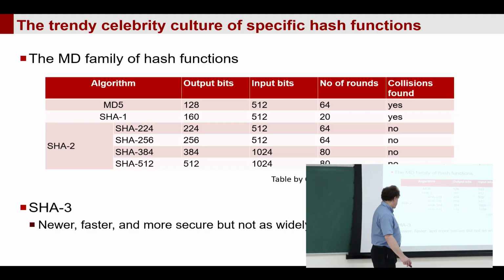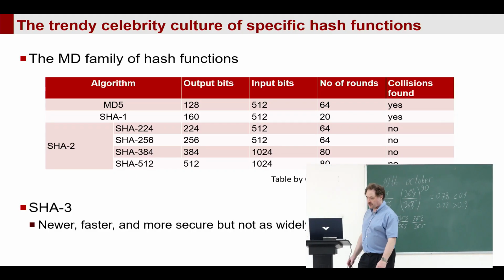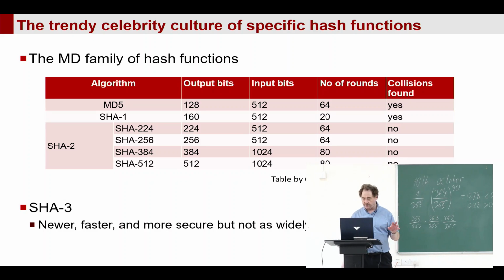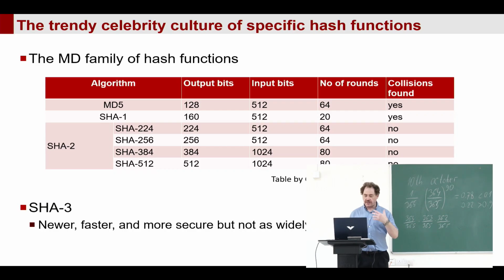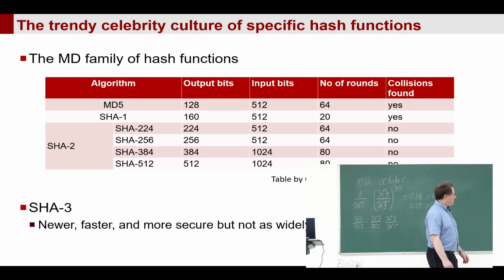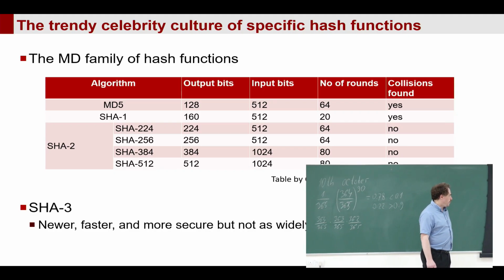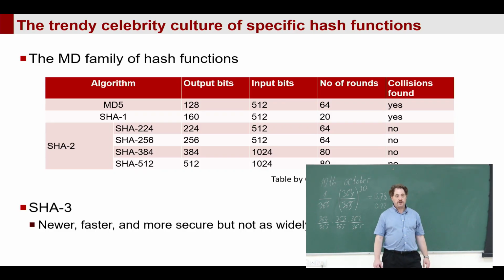The next family of hash functions, well, still without MD5, is called SHA. And SHA stands for Secure Hash Algorithm. So the first proposed SHA algorithm within the family is called SHA-1. And it's still in use, pretty much.